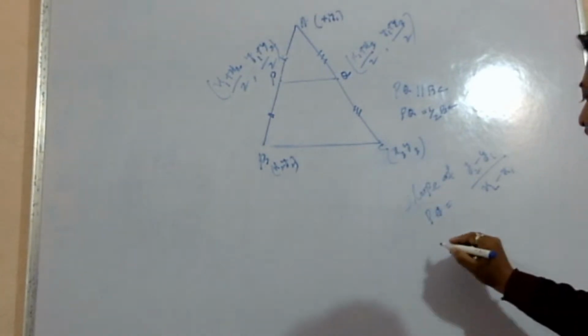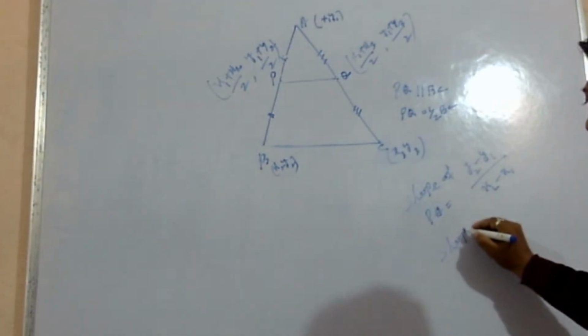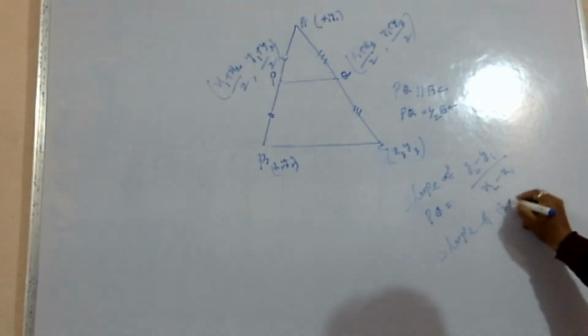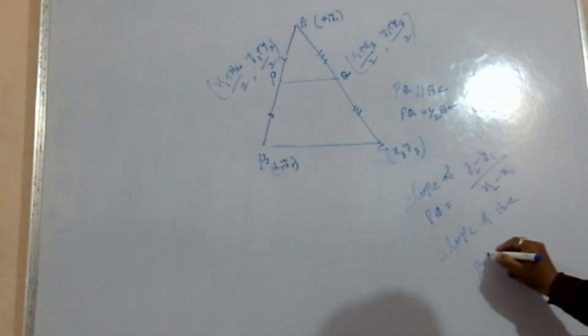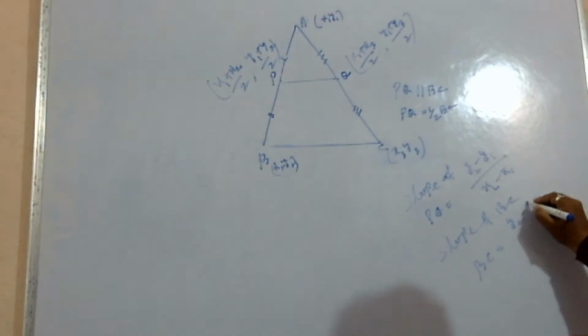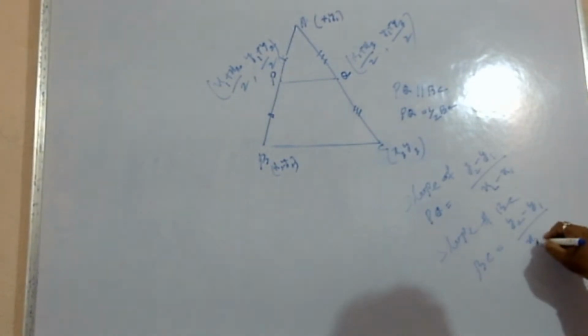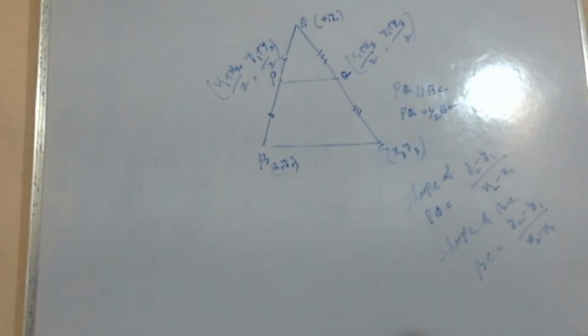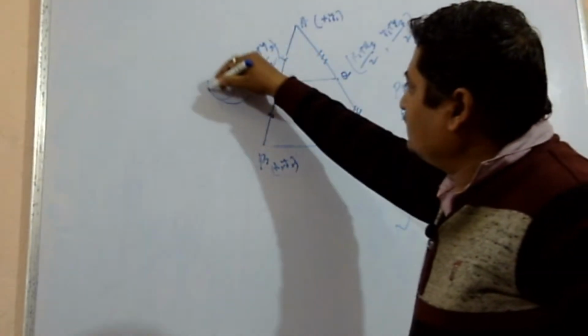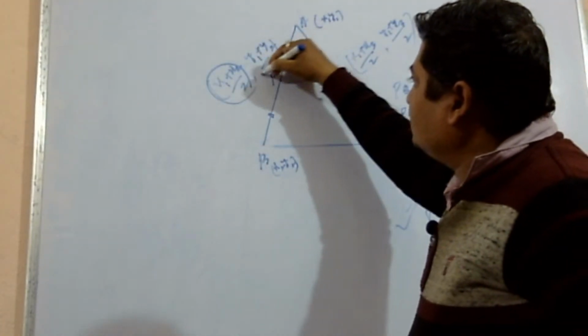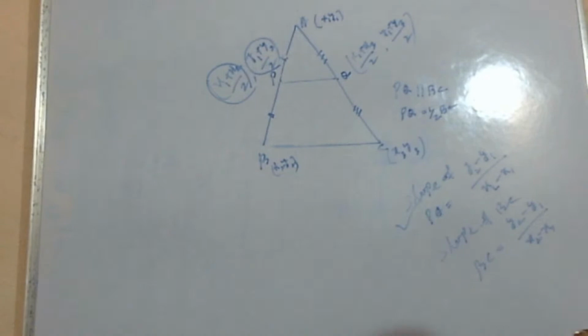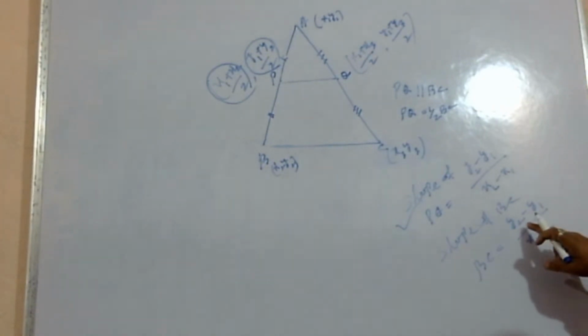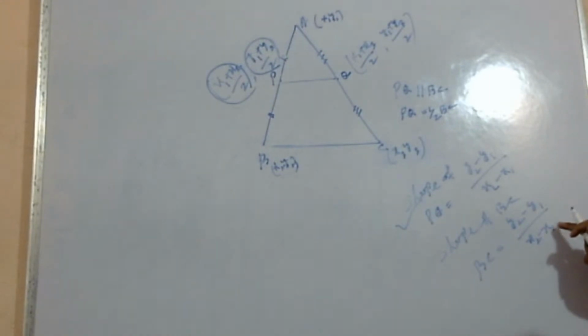Then you have to find the slope of BC. The formula is y2 minus y1 by x2 minus x1.